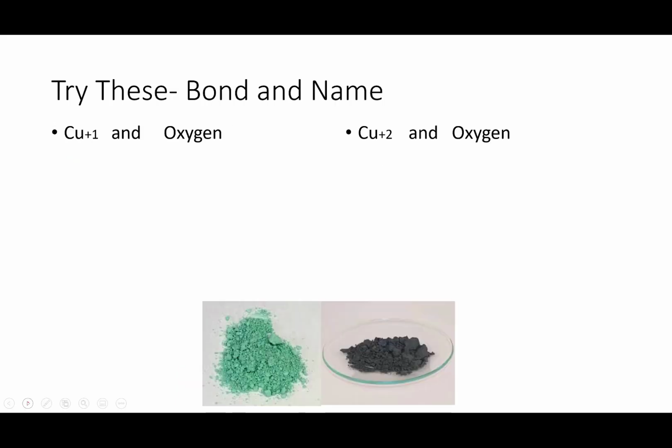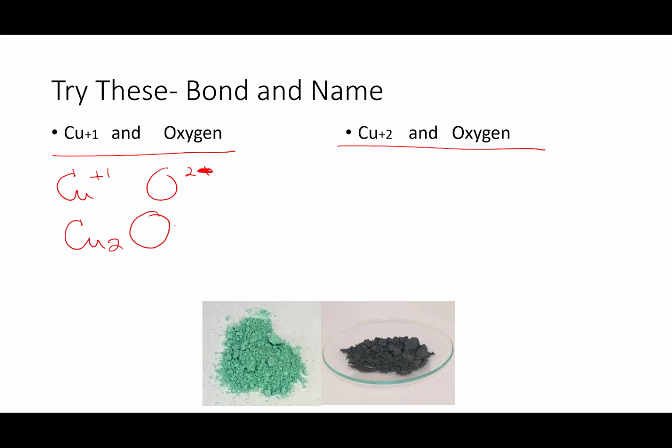All right, hit pause. Try coming up with a formula and name when copper 1 and 2 bond with oxygen. All right, let's go through these together. So copper 1 and oxygen. Oxygen's negative, so this is going to be Cu2O, and it's going to be copper 1 oxide.